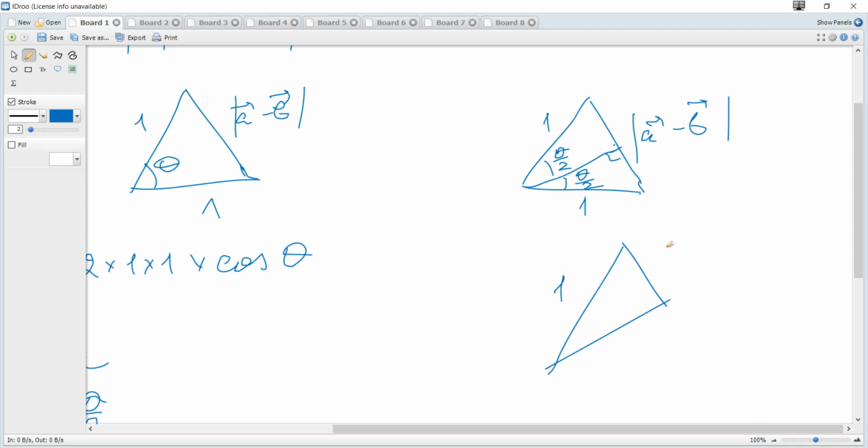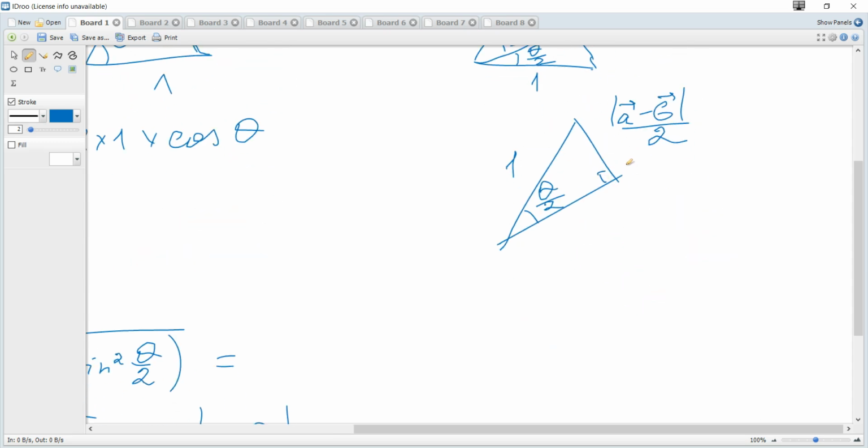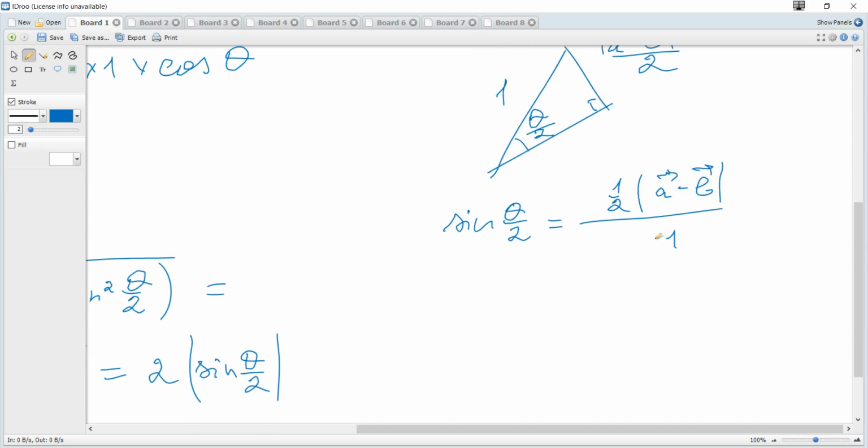The hypotenuse is 1, this side is the required one but it's half, and this angle is directly theta over 2, and you can just consider sine by definition. So sine of theta over 2 by definition is half of the magnitude of a minus b divided by the hypotenuse, 1.